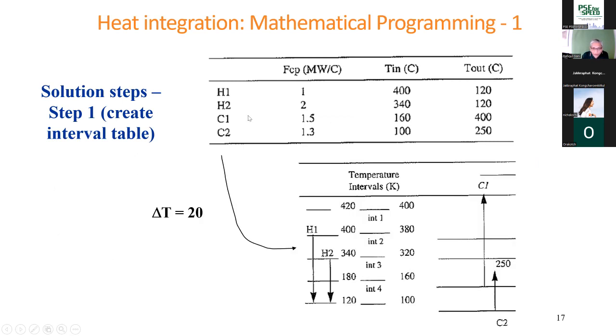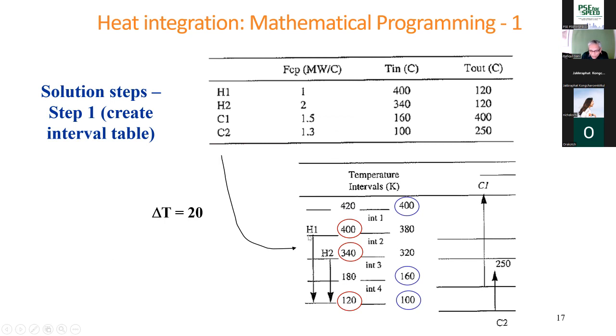We convert this problem into what we call an interval table corresponding to 20 degrees. So in order to do the interval table, we take the temperatures of the hot streams and we take the temperatures of the cold streams, and we have 4 intervals.